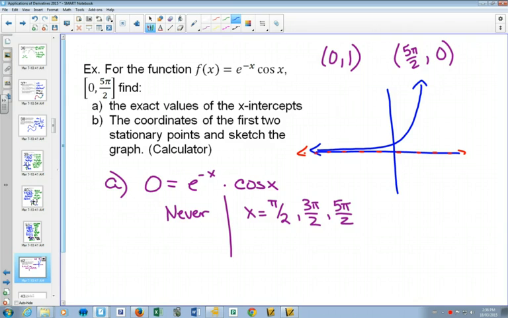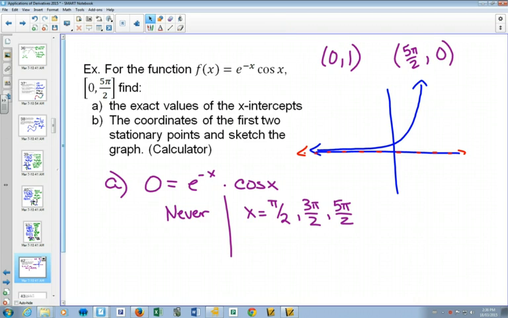Okay? And even with the negative there, if we think of our transformations, what does that negative do? It's going to flip it, right? Does it flip it over the y, or does it flip it over the x-axis? Okay, flips it over the y-axis.